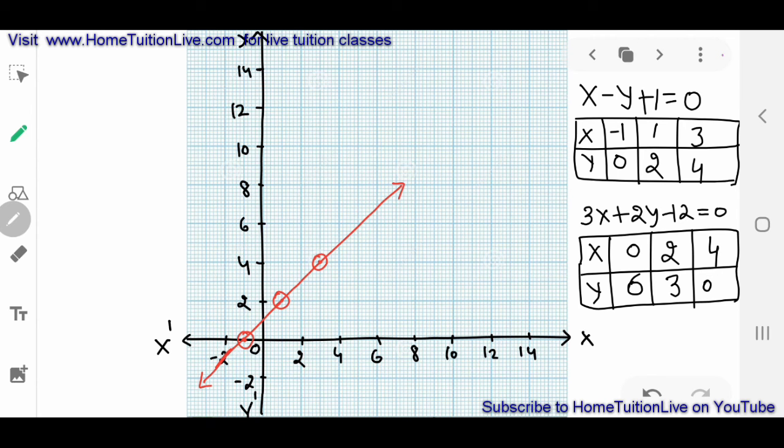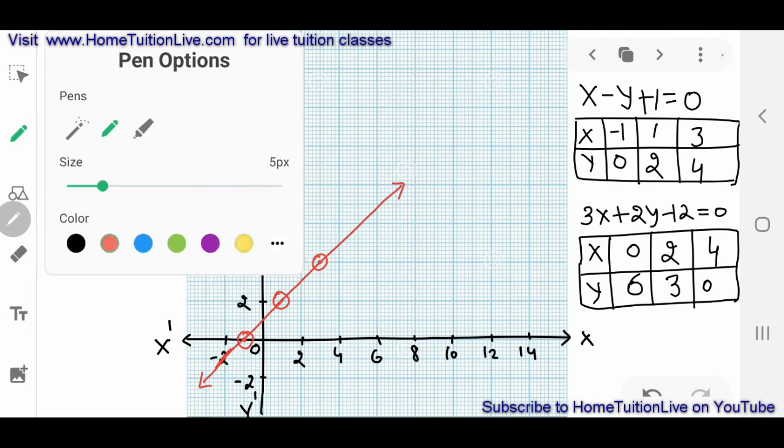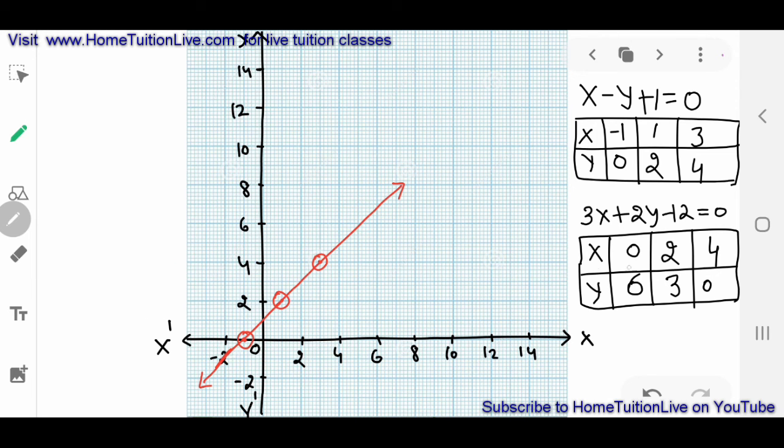Now for the second equation, x is 0, y is 6. X is 2, y is 3. X is 4, y is 0. Join the points.